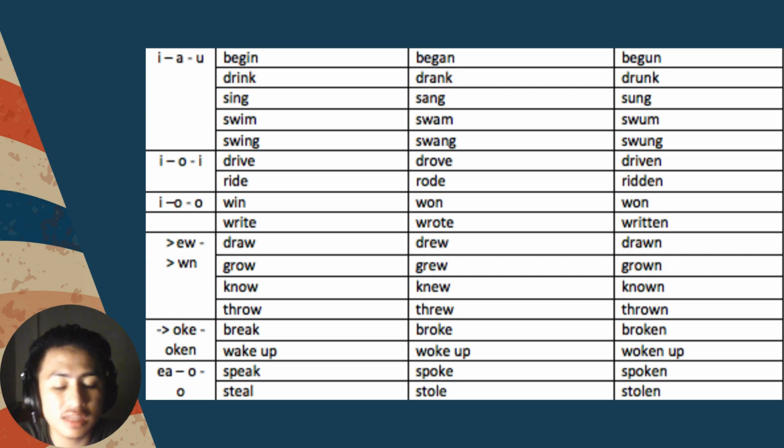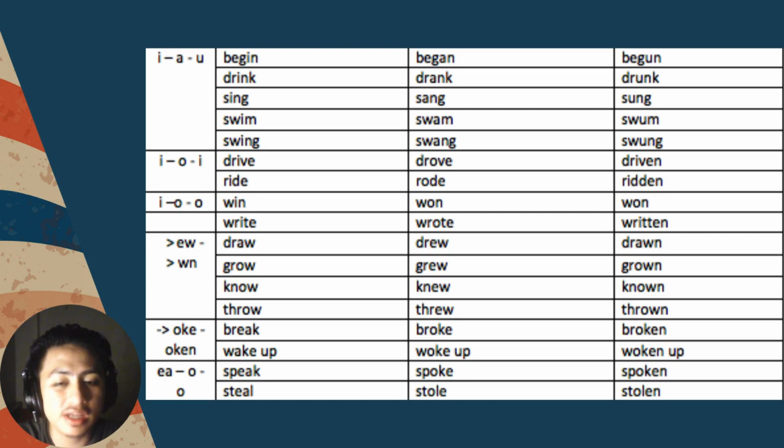Okay. Some other verbs that have I in them are to be added with en or n at the back. Like for example, the verb drive is changed to driven, right? Ridden. Okay. And then there are verbs that have the sound o in them, like draw, grow, know, throw.